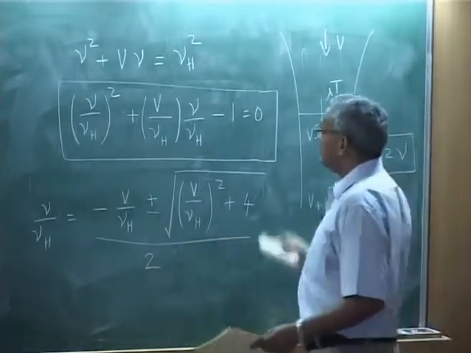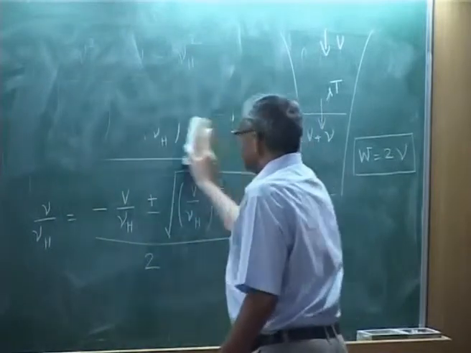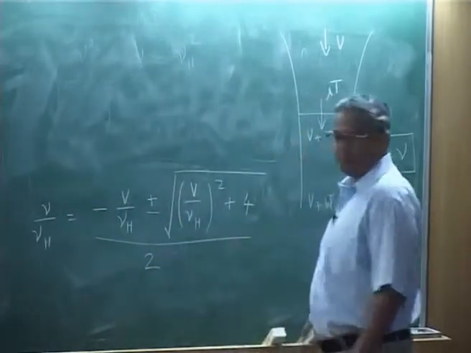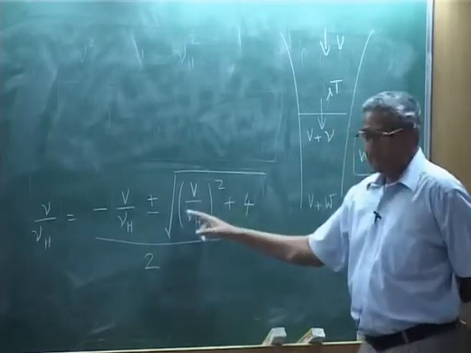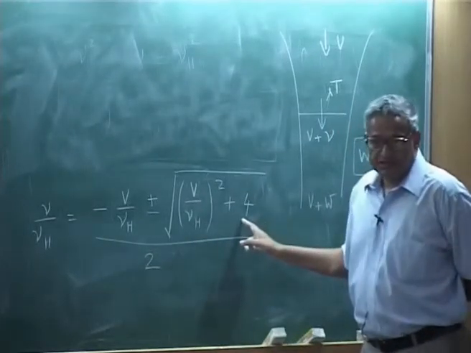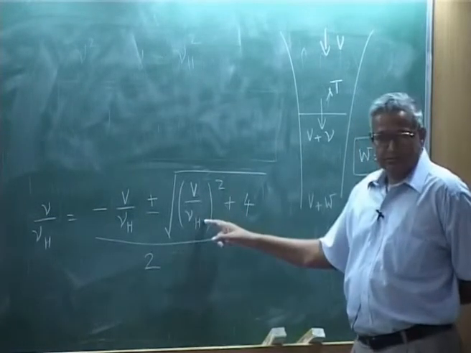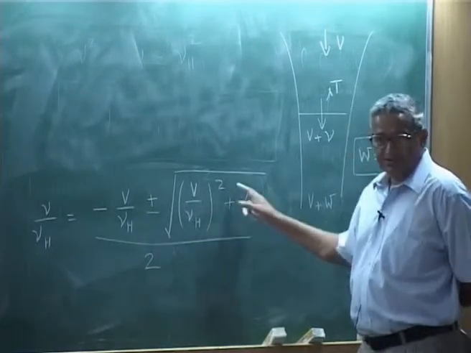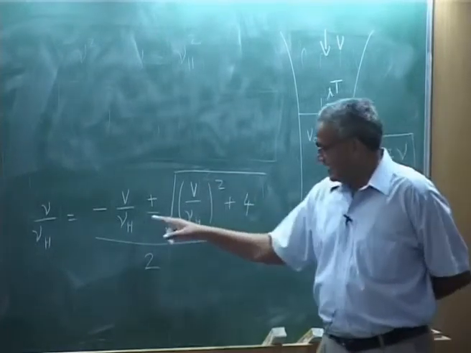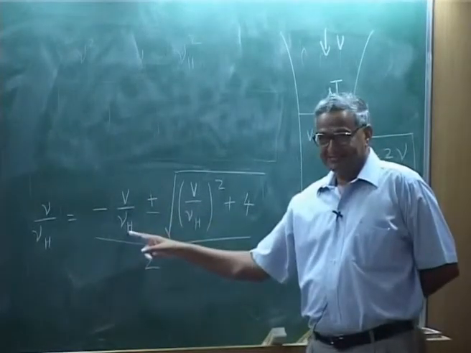So, you write the equation in this fashion, but which root you should use, because this quantity is a positive quantity, okay, because V over V is positive, nu H is positive, this is actually positive quantity, and this quantity is more than this quantity.